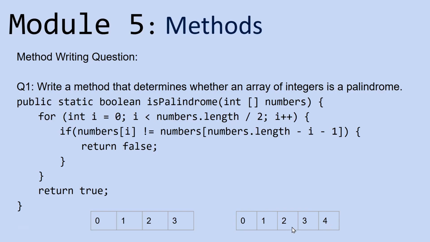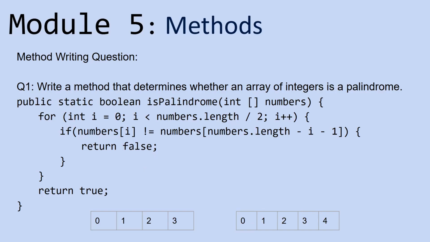The value of 2 doesn't change whether or not it's a palindrome because there's nothing that matches up with it. So 5 divided by 2 in integer division will be 2, so you would keep going as long as i is less than 2. We just need to check index 0 with index 4 and index 1 with index 3. So that part looks fine.